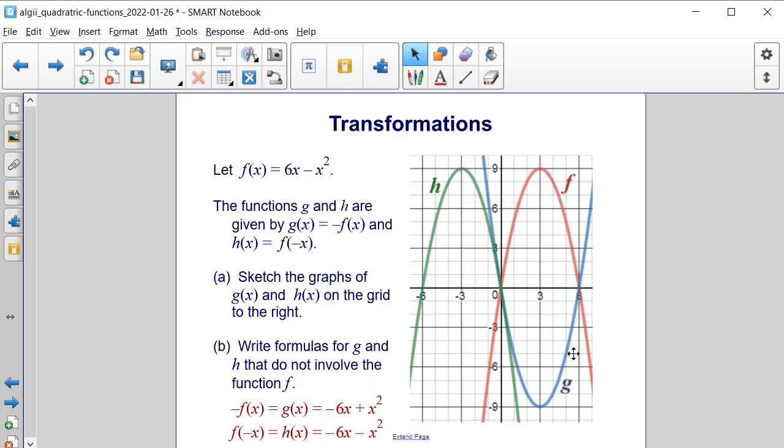And then the function g of x, it was the negative of the original f of x function. So we switched both signs. So it's -6x plus x squared. And notice it has a plus sign in front of the x squared and it's opening upward. Whereas h of x, it has a negative in front of the x squared and it's still opening downward.